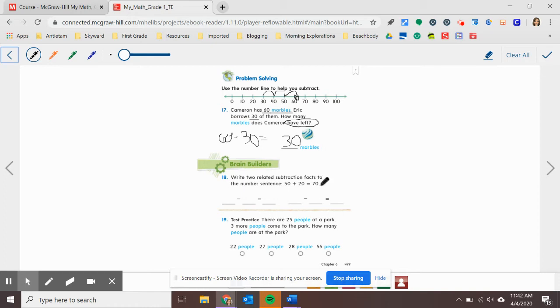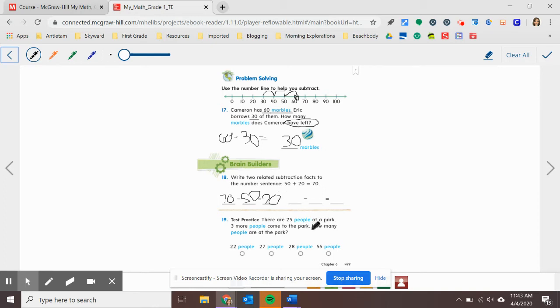Well, the biggest number is 70, so I'm going to start with the number 70. So 70 minus, which one do I want to take away first? It doesn't really matter. I'm going to choose the number 50. So 70 minus 50 equals what? Well, which number is left? 20. So 70 minus 50 equals 20.